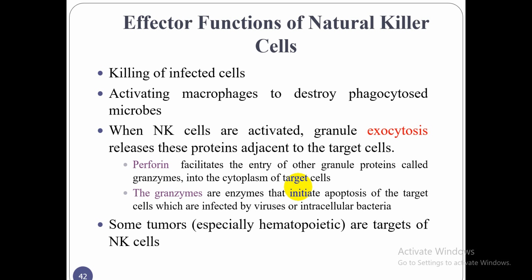It can induce some pores on the surface of the target cell, and after that the granzymes, which are the enzymes that initiate apoptosis of target cells, can pass through these holes which are produced by the action of the perforin, and they can induce apoptosis, which is a kind of cell death, in the target cell which is infected by viruses or intracellular bacteria.